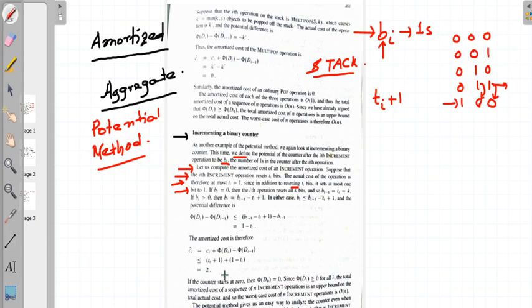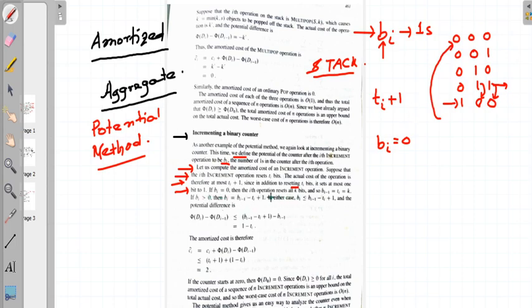Okay, so now if bi equals 0, that means all the bits have been reset. That means we are starting to recount again. So we have reached, say, 111, and then as this is modulo counting, it goes back to 0.